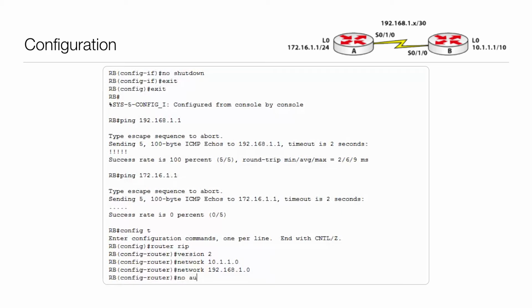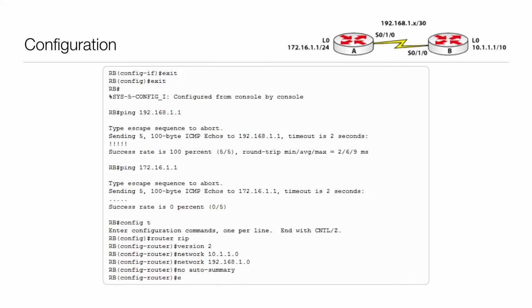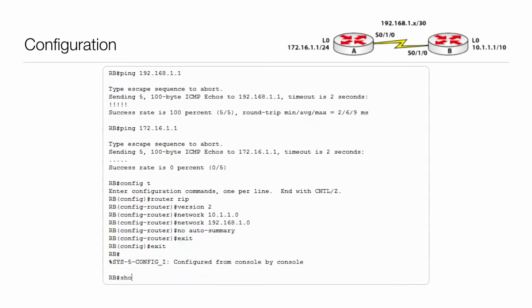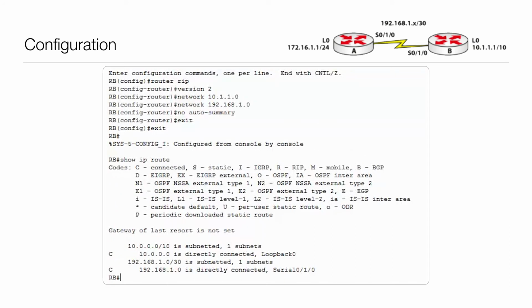We'll do no auto-summary and exit. And for the purposes of demonstration, we'll do a show IP route. You won't see any RIP routes in there yet though, because as you know we haven't configured the other router with RIP yet.